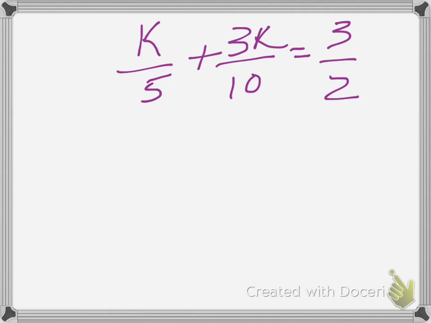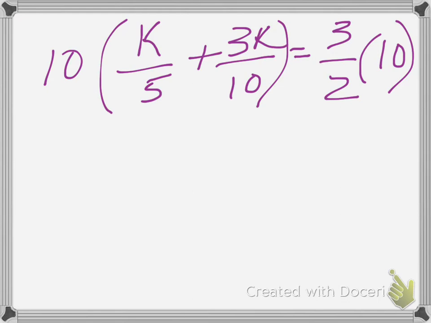Alright, so here's another problem. This is one of those problems that I was telling you about: when you see the variable in the numerator, that means you will multiply by the least common denominator. The least common denominator in this one will be 10. Whatever you do to one side, you have to do to the other.